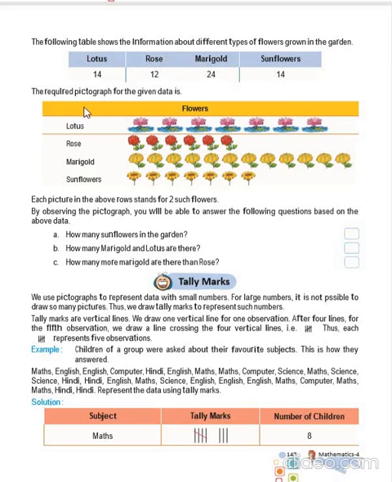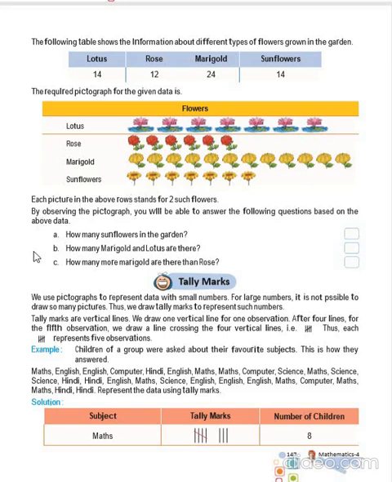So we can represent it in pictograph form like this. Each picture in the above row stands for 2 flowers: 2 lotus flowers, 2 rose flowers, 2 marigold, and 2 sunflower. Each flower will represent 2 flowers.